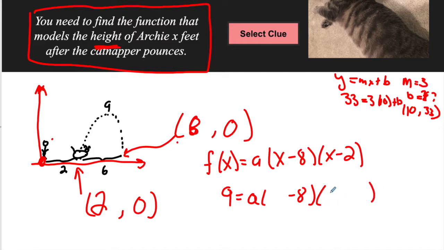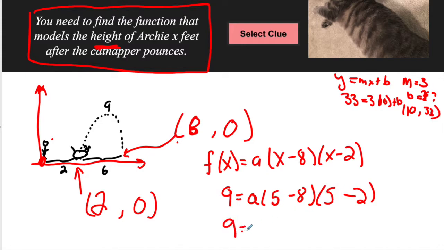Well, what do we know about intercept form? Where is the x of the vertex in intercept form as it relates to the intercepts? It's always right in between them. So if one intercept is 8 and the other intercept is 2, what number is right between 2 and 8? It is 5.